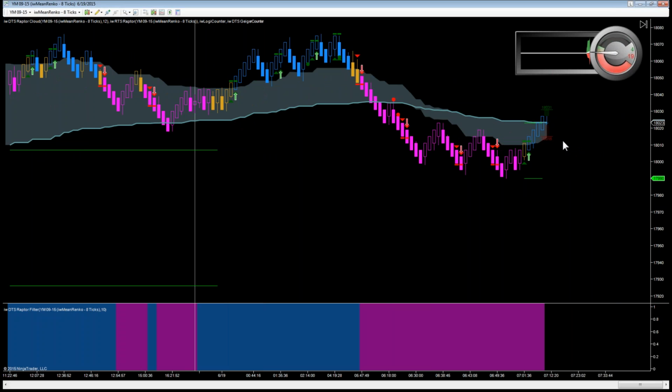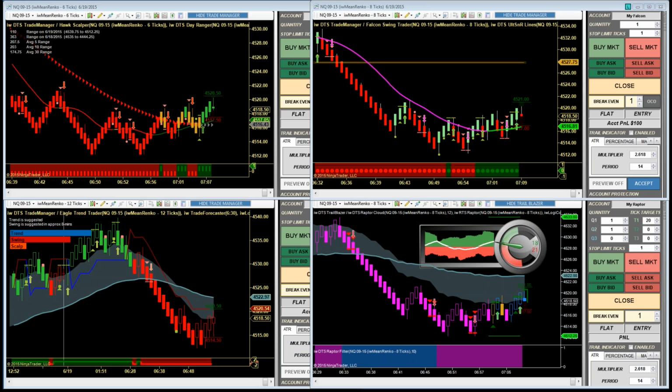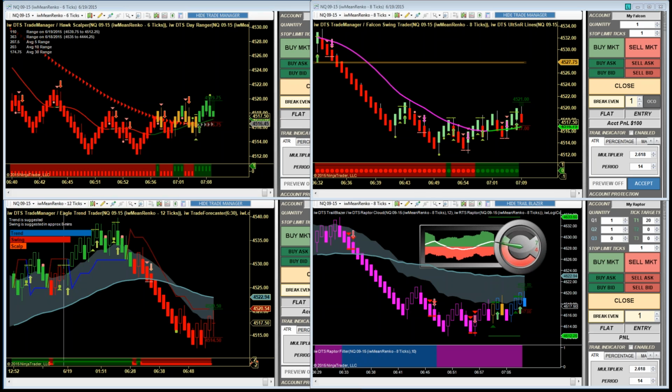And if it came out of that double pullback with a sell signal, then that might be a good reason to get short. But honestly, right now, it looks like everybody's just chasing their tail around.